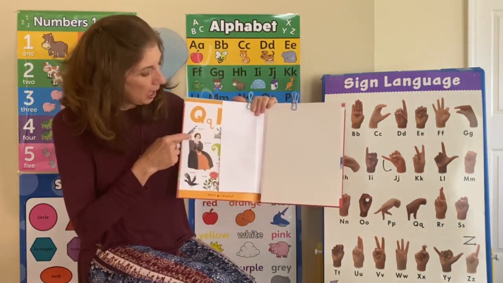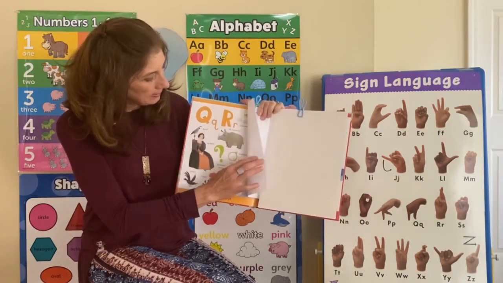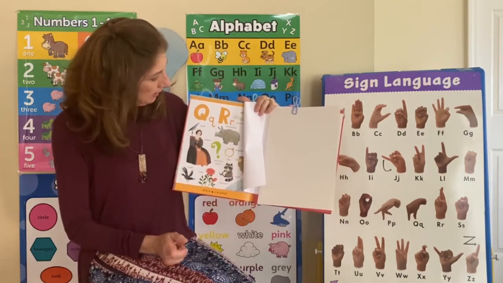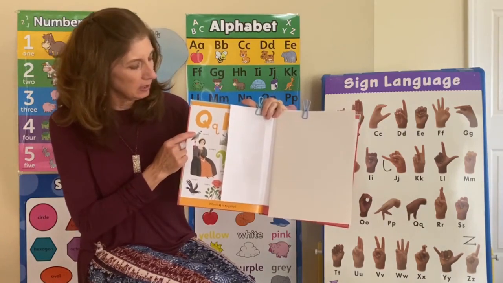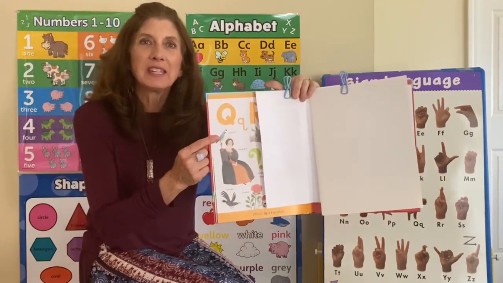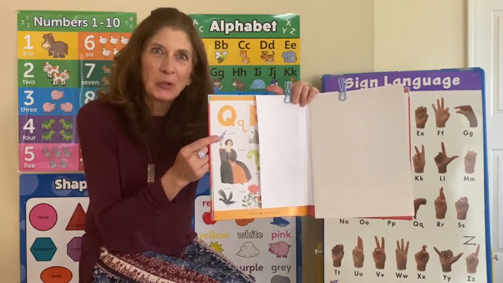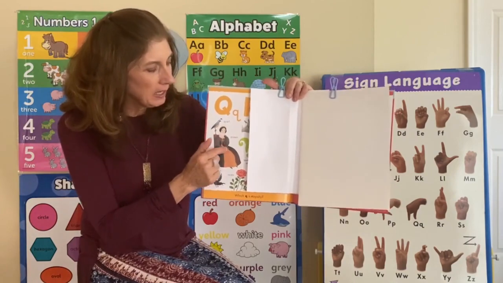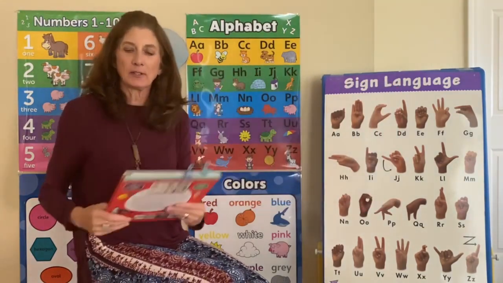They have a queen, a question mark, and a quail. Those are the only 3 things they put in their book. There aren't that many words that start with a Q. That's why they have so few. Once again, quail, queen, and question mark. Those start with the qu sound.